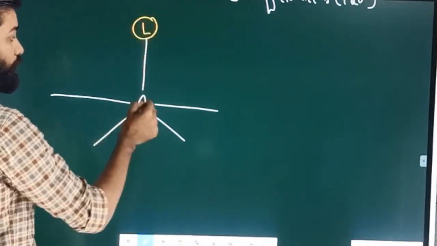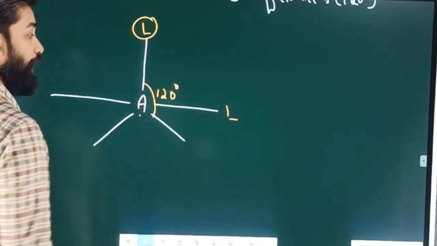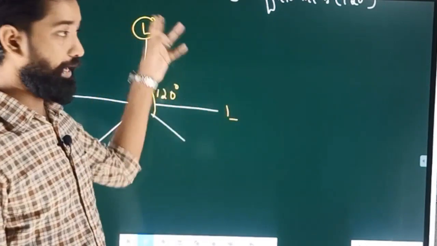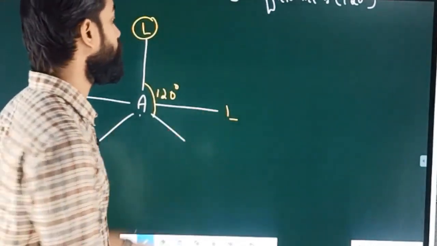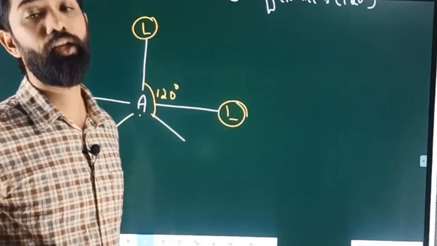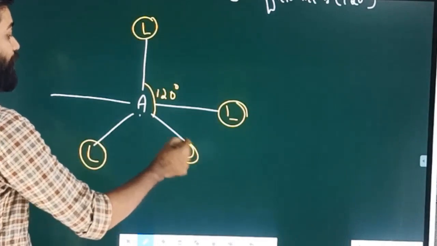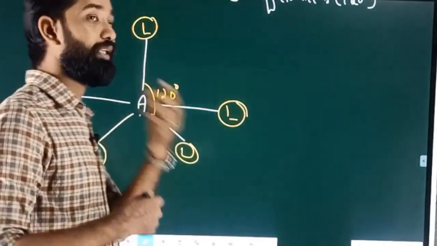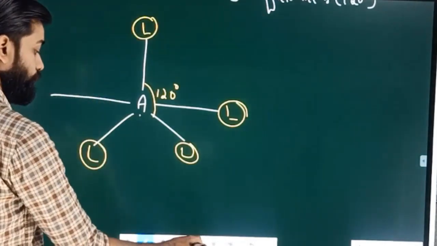If it is in equatorial position, then it creates a maximum distance of 120 degrees. If it is in axial position, the angle between bonds will be 90 degrees. So a lone pair in axial position with a small 90 degree difference makes greater repulsion. So it is better to place the lone pair in equatorial position so that it has a 120 degree difference, which reduces the repulsion. Okay, ready?